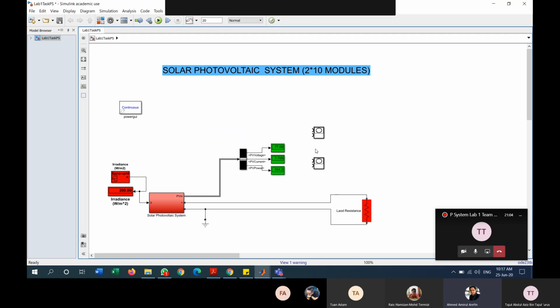So if we choose this one, I am connecting it with the voltage part.